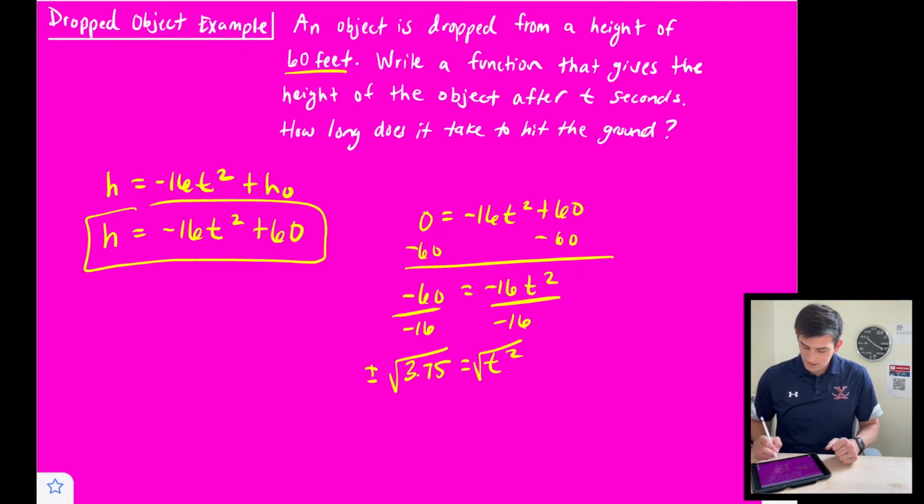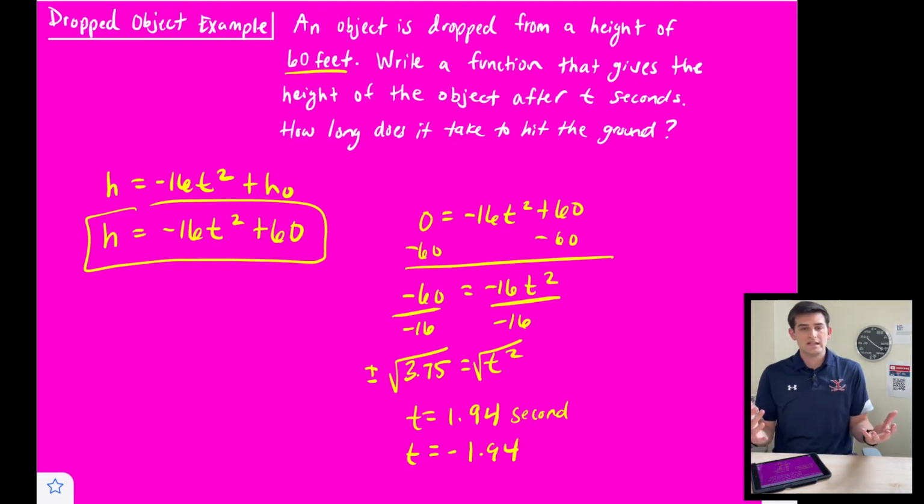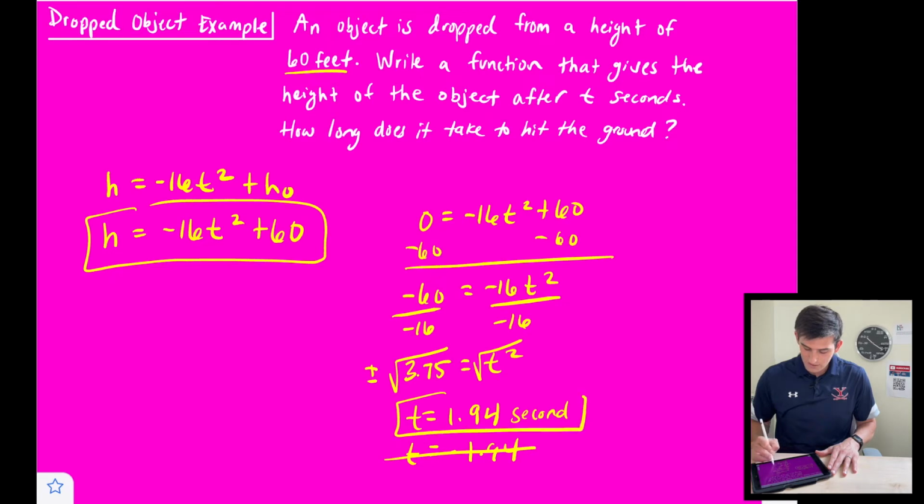So t is equal to 1.94 seconds, or we have negative square root of 3.75, which is negative 1.94, right? In this case, time is not going to be negative, so we're going to disregard that negative answer, and we're going to say it's going to take 1.94 seconds for this object to hit the ground.